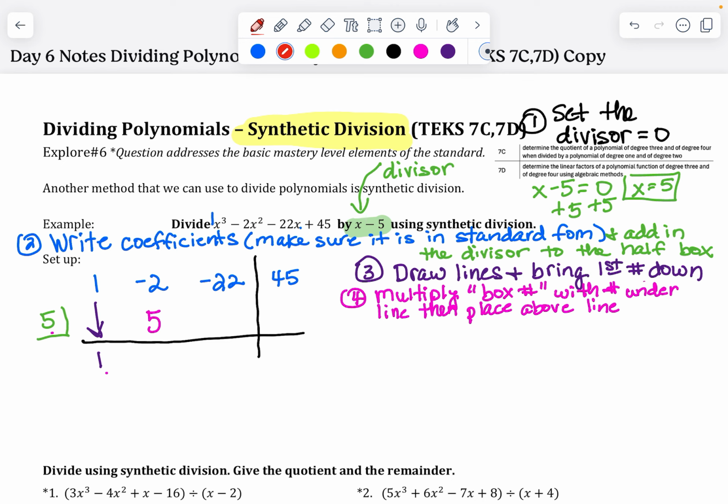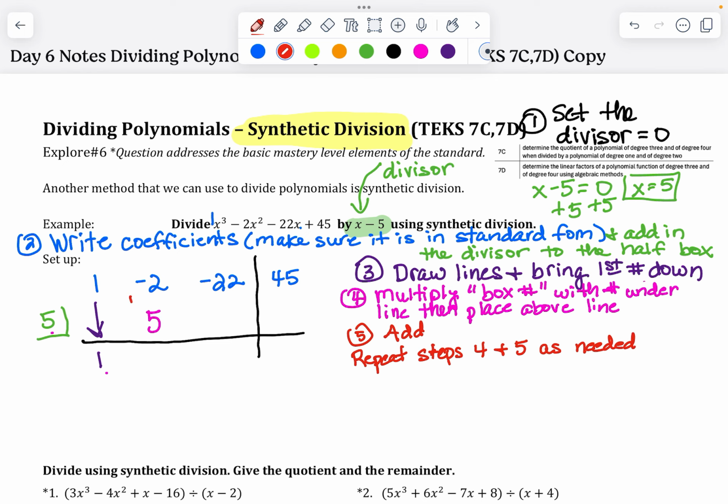Step 5. We are going to add. Then we are going to repeat steps 4 and 5 as needed.